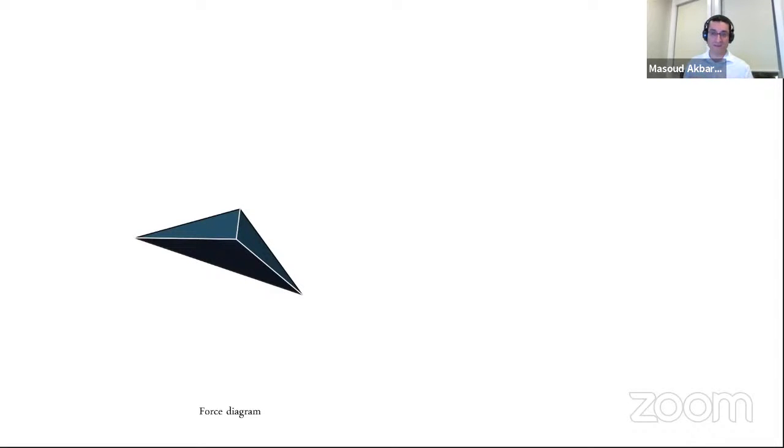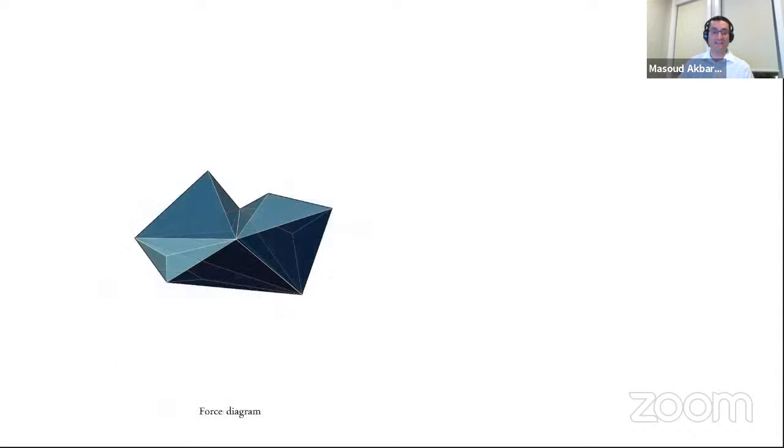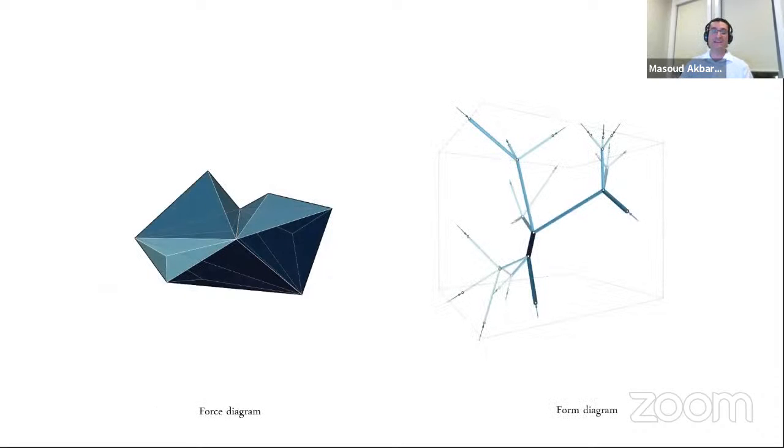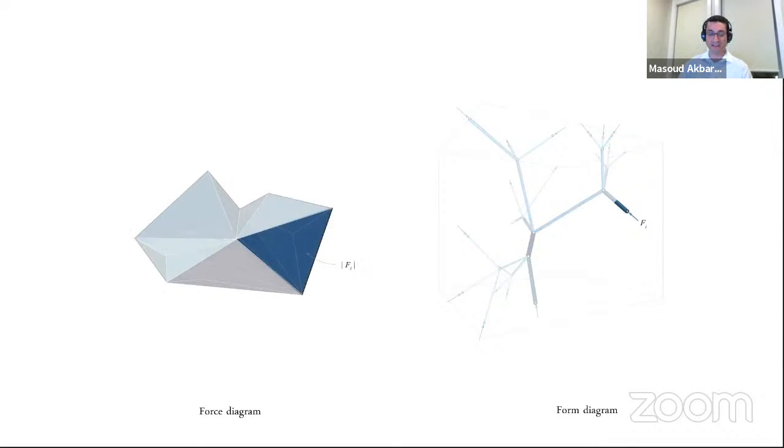Now, if you know that a single polyhedron can represent a node in equilibrium, you can aggregate multiple polyhedrons, because each of them can represent a node in equilibrium, and then create a force distribution that can represent the equilibrium of a spatial flow of force or a spatial network of forces in 3D. So obviously the equilibrium of each node is represented by a closed polyhedron in that distribution, and the magnitude of the force is represented by the area.